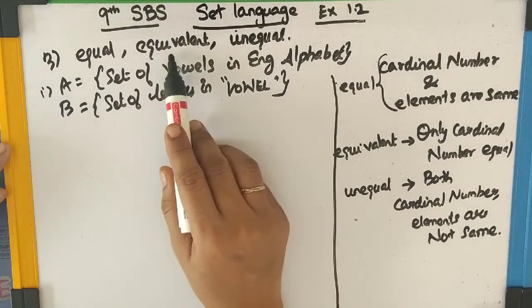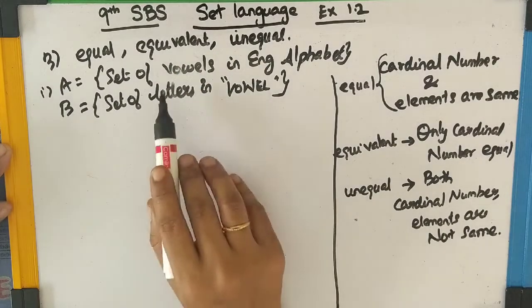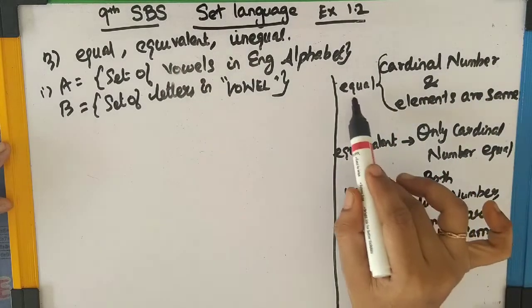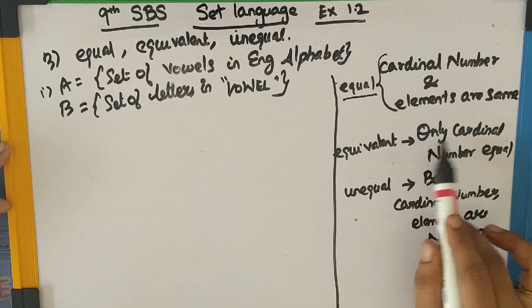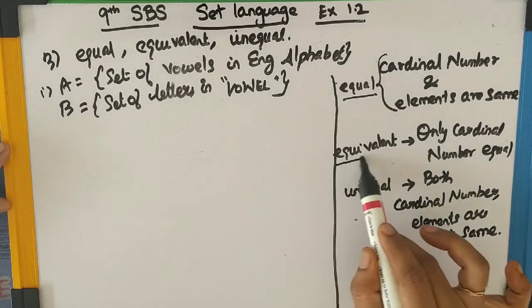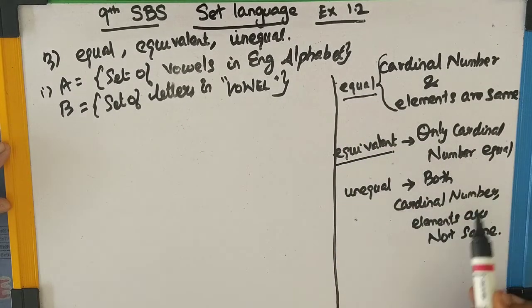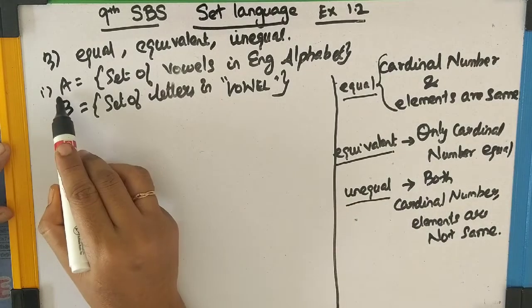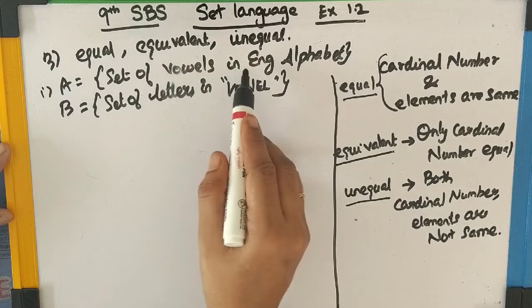The third question is we have to find whether the sets are equal, equivalent or unequal sets. What is an equal set? If the cardinal number and the elements are the same, it is an equal set. If only the cardinal number is equal, it is an equivalent set. If both the cardinal numbers and elements are not the same, it is an unequal set. Right?